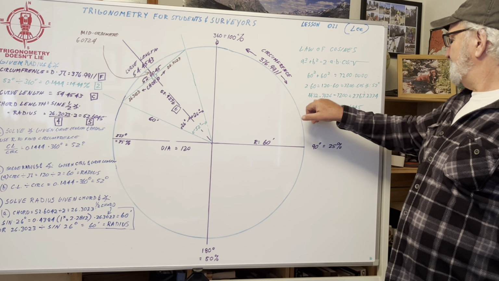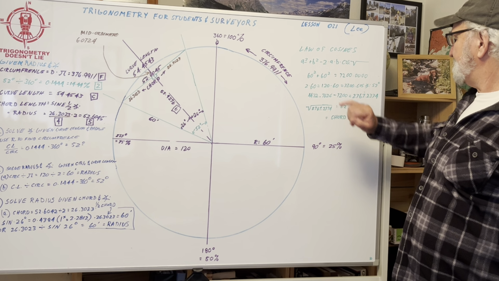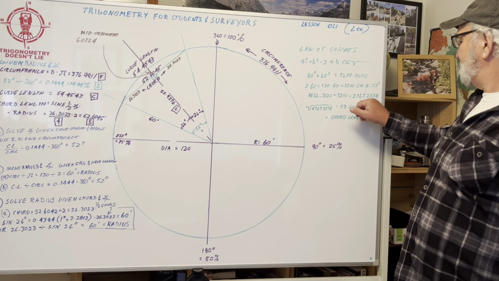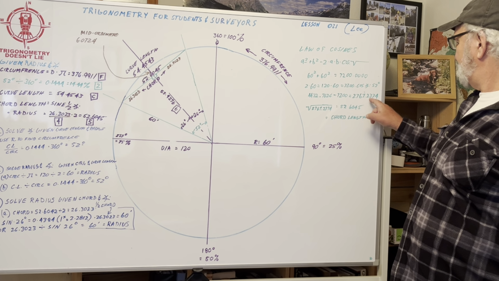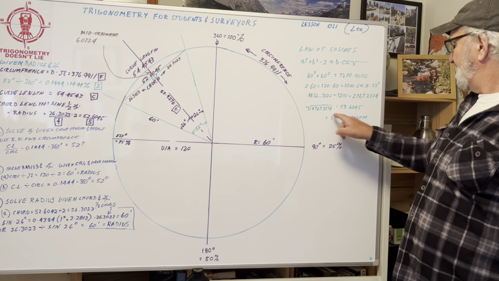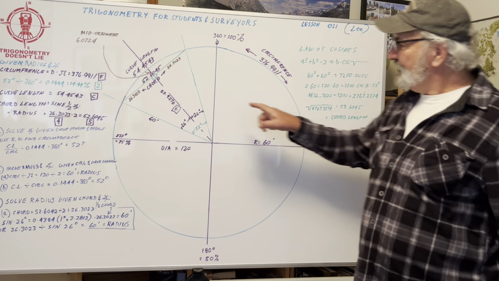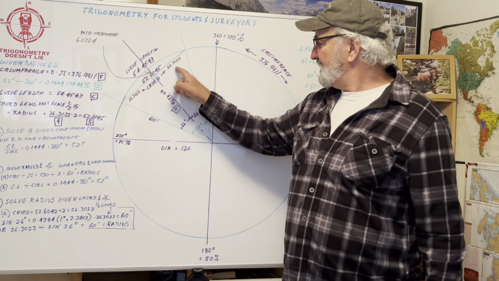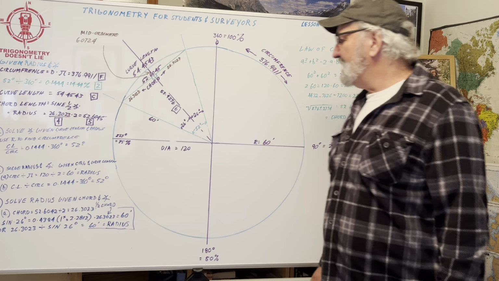And that gives you 4432.76. Now you're subtracting that from a squared plus b squared. That gives 2767.34. Now you want the square root of that, and that's going to give you 52.6045. That is your chord length, and that matches these two half triangles, these two right triangles.